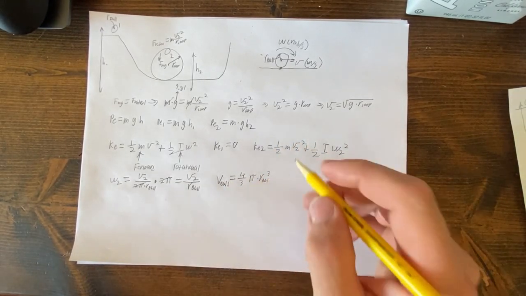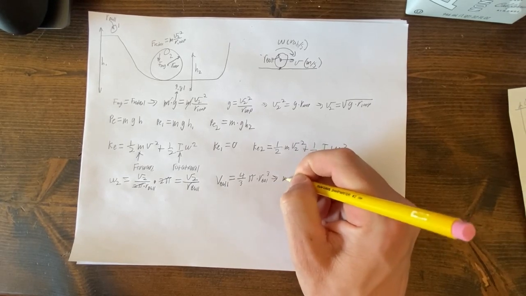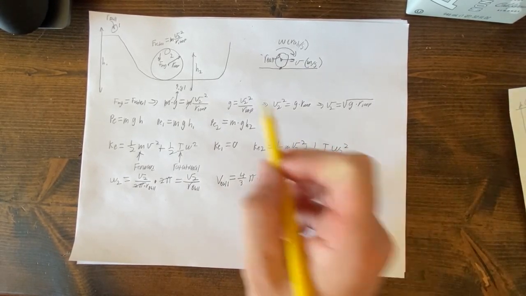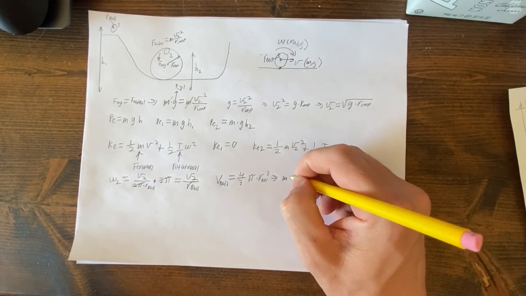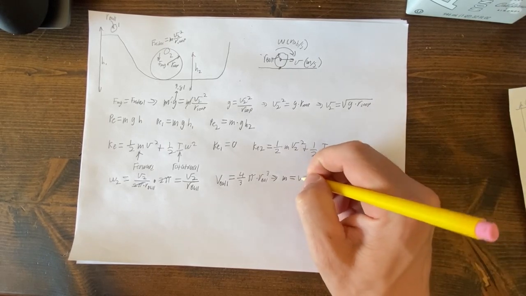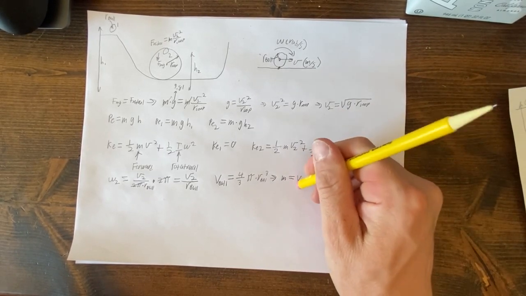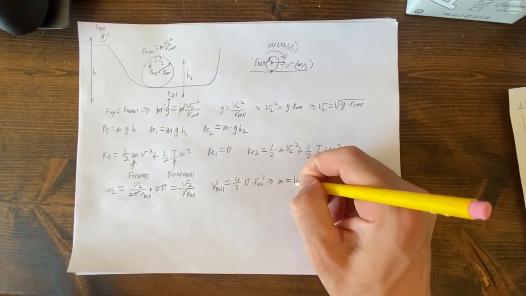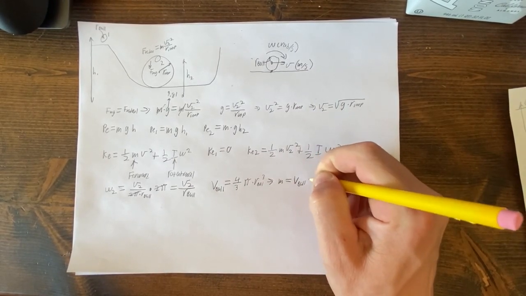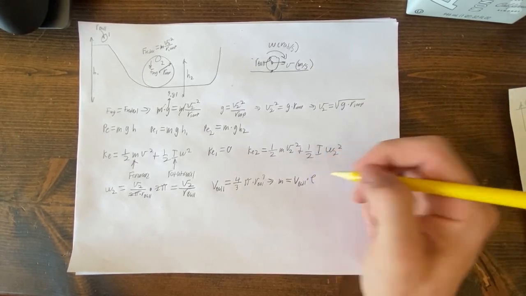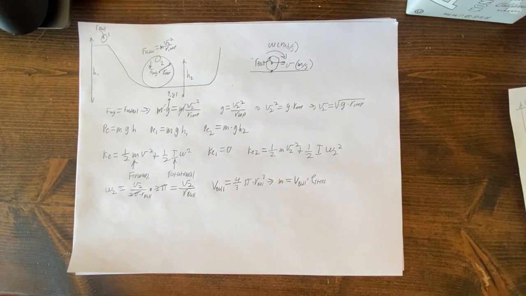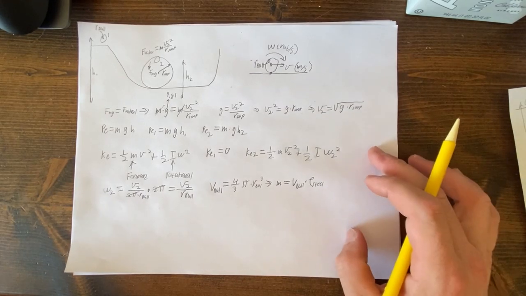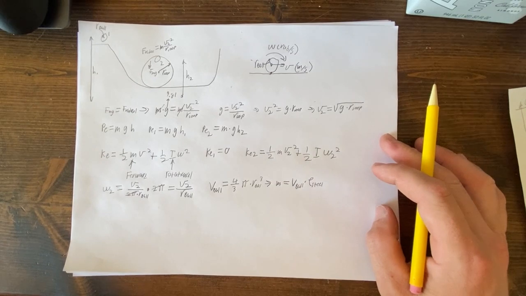We could then find the mass, and I'm going to use m because everywhere else is m, which is equal to V, sorry, accidentally wrote velocity, capital V ball, times rho, which is the density of steel. So we'll look up the density of steel and we'll apply that to the ball. We could also weigh the ball to backtrack this, but it's kind of fun to do the math.